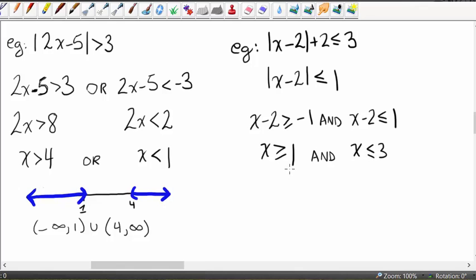So we've got all of this stuff that's bigger than 1 and smaller than 3, and we use square brackets because these are less than or equal to and greater than or equal to, so the endpoints are included. In interval notation, this is the interval from 1 to 3, and that is the solution to this inequality.